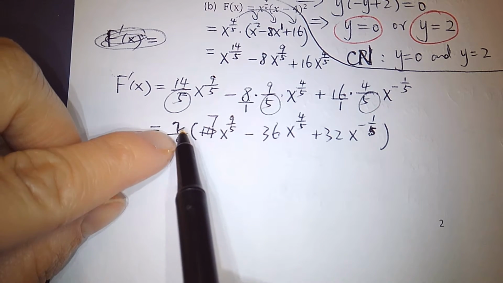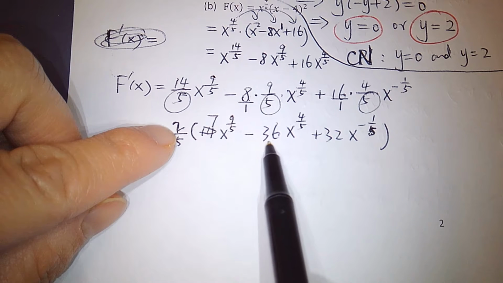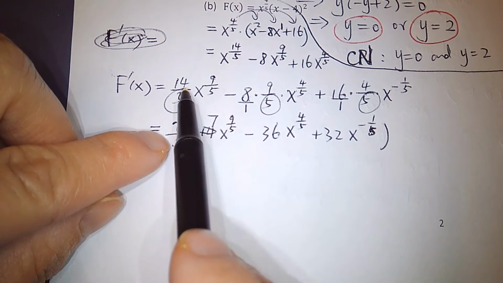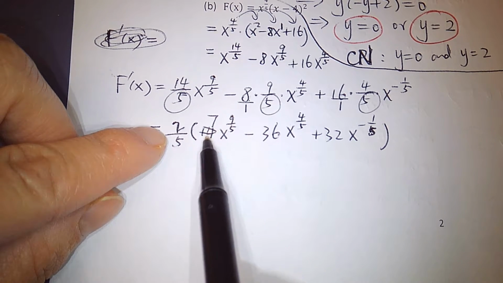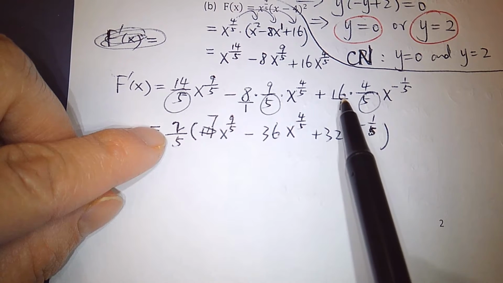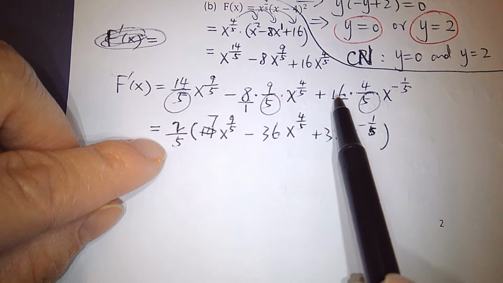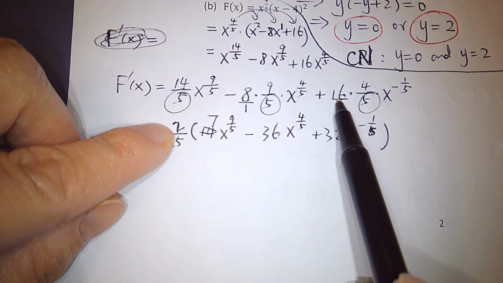You see, this is 2 out. It's not 1, right? So that's how we get 36. Here, you see, 5 is here, and because there's 2 out, we don't have 14 here, we have a 7. This one, same thing, 5 is out. 4 times 16, there's 2 out, so divide 4 by 2. So 2 times 16 gives us 32.